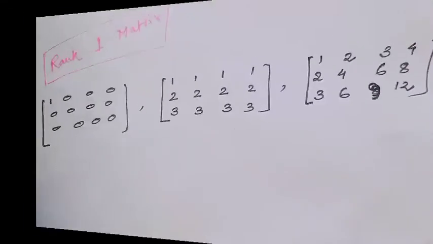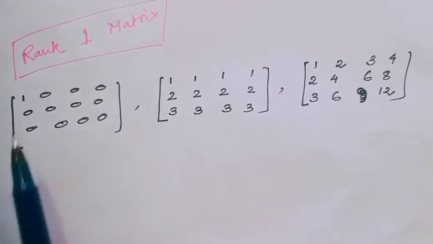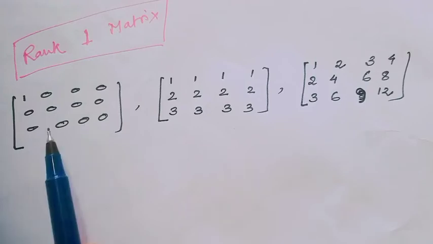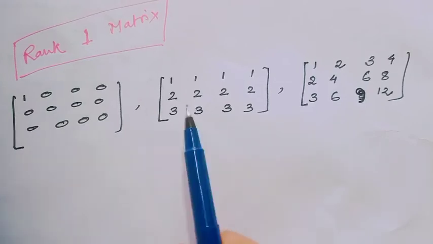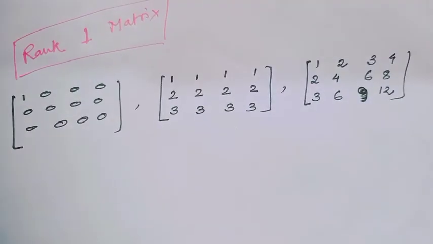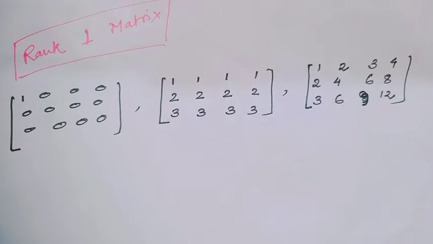Okay? Now I will see a new matrix, the rank 1 matrix. Notice, here obviously the rank of this matrix is 1. All these matrices are rank 1 matrices. Okay? And the rank 1 matrix is actually, in linear algebra, a very nice property.